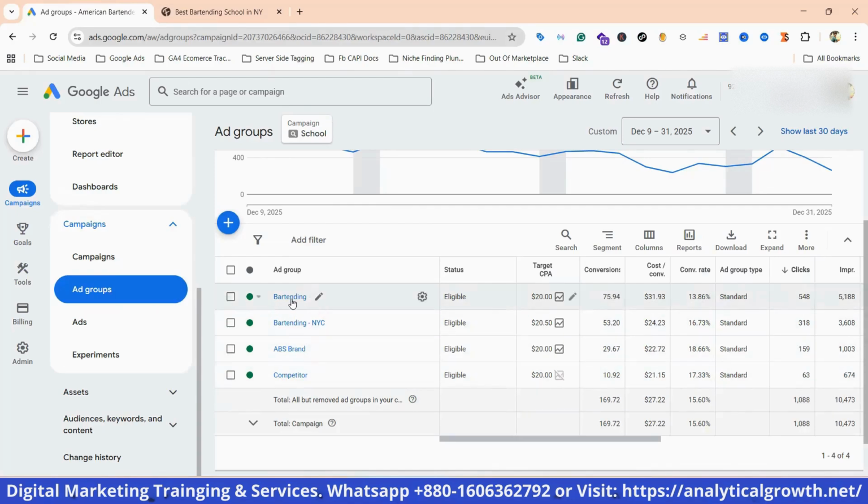So in the bartending ad group, I'm excluding any of the search terms related to bartending, New York City, ABS brand, competitors.